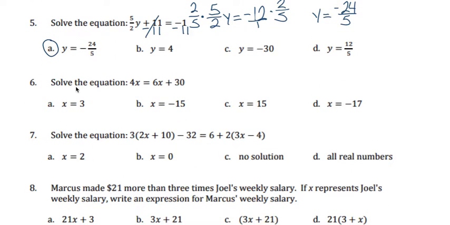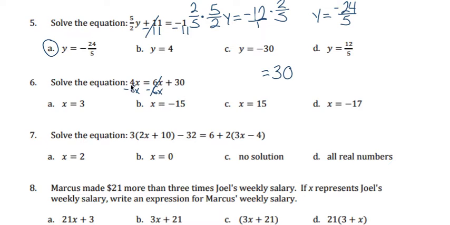Number 6, solve the equation 4x equals 6x plus 30. Here our objective is to combine like terms and to solve for x. First, we're going to subtract 6x on both sides. On the right side, the 6x's cancel, and we just have 30.